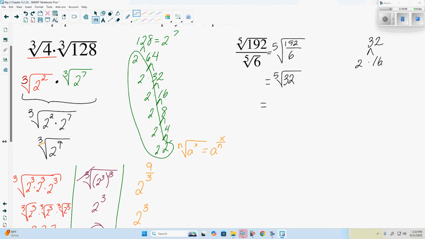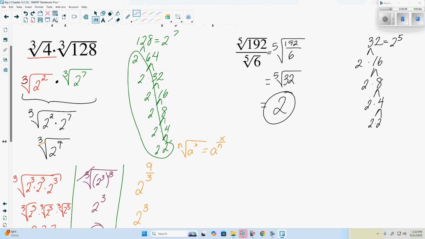Because 32 would be 2 times 16, 2 times 8, 8 is 2 times 4. 32 is 2 to the 5th. So 5th root of 2 to the 5th is 2. 5th root of 32 is 2. If they divide nicely and we get these nice powers, it works out great.